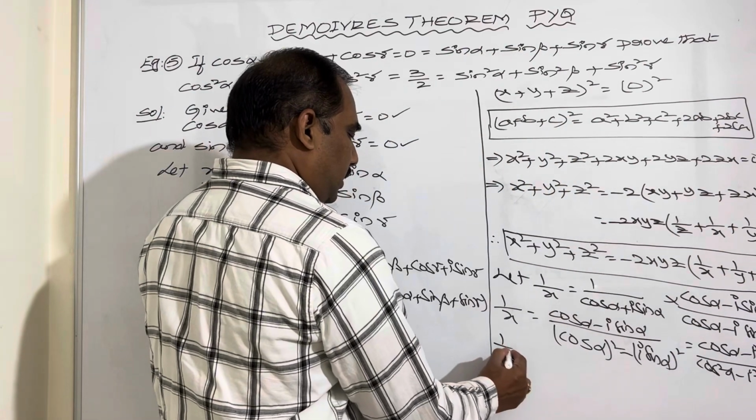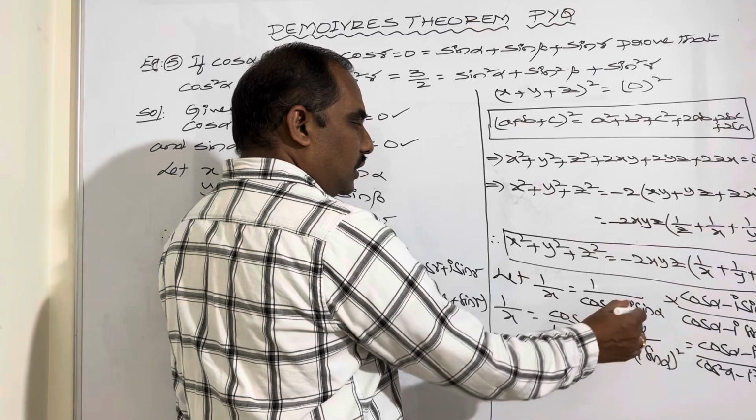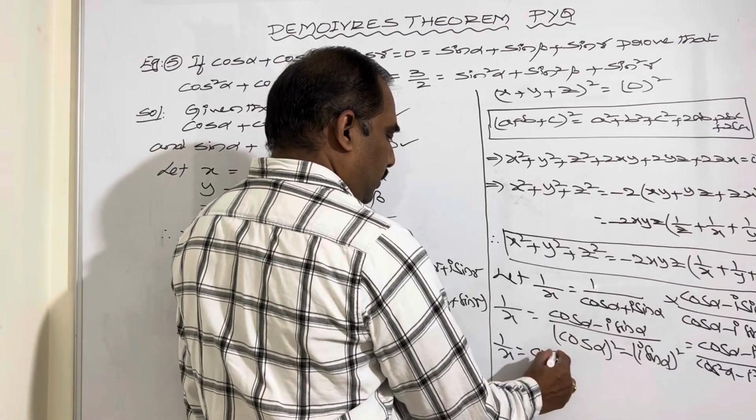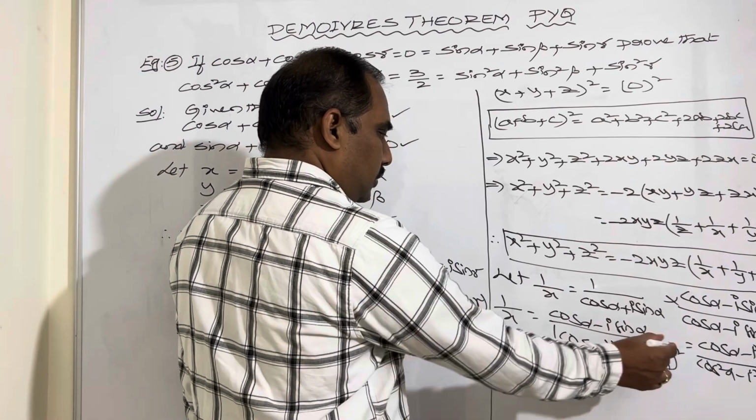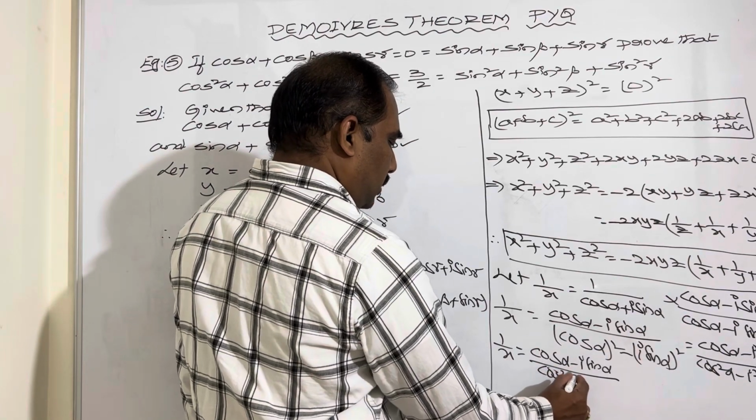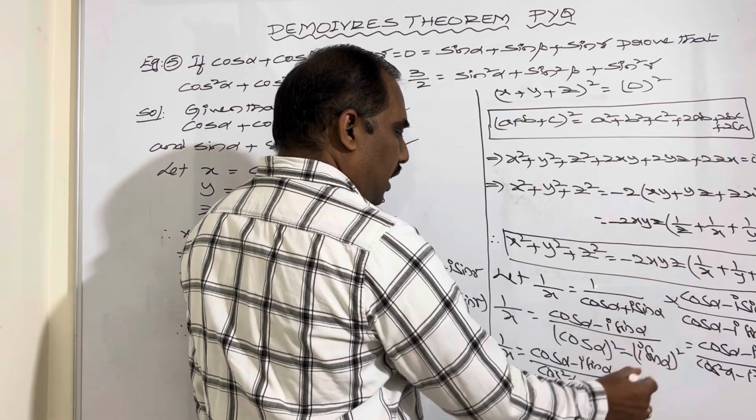So 1 by x is equal to cos alpha minus I sin alpha divided by cos square alpha minus I square sin square alpha.